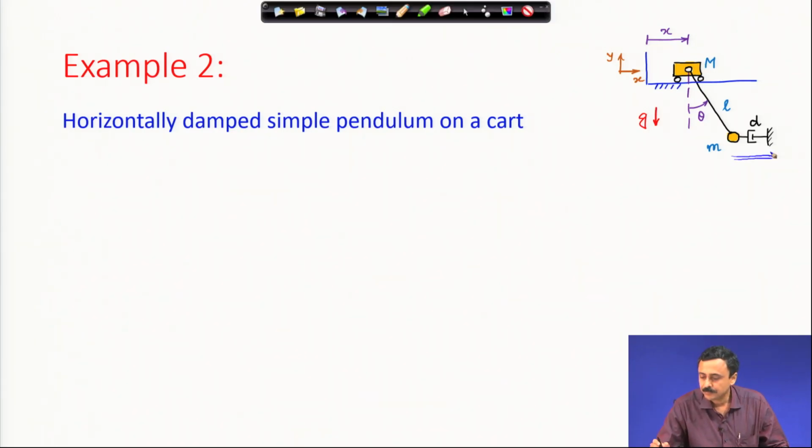Even though I have shown that one end of the dashpot is completely grounded, you can imagine that what I intend to discuss is a pendulum which is damped only for the horizontal motion. Therefore, as the pendulum swings, only the horizontal motion is damped. The damping force acts only in the horizontal direction.